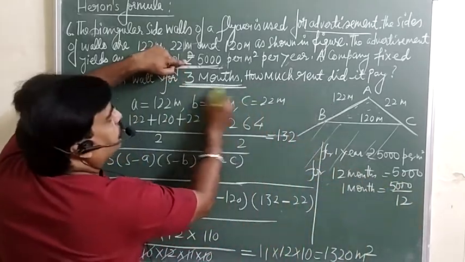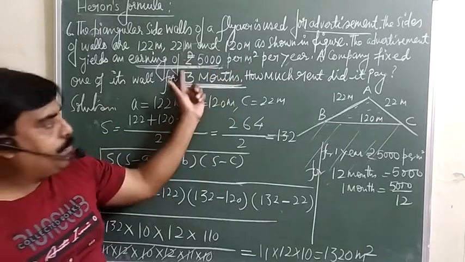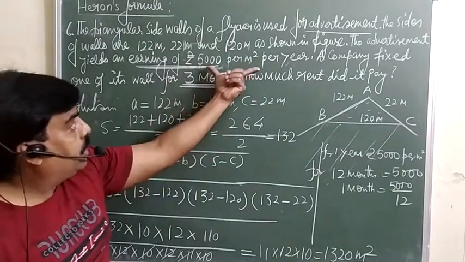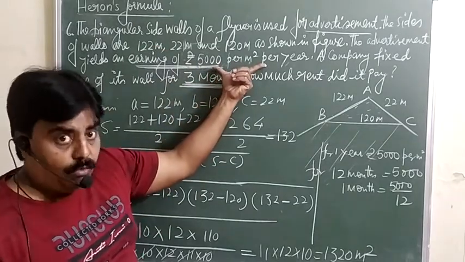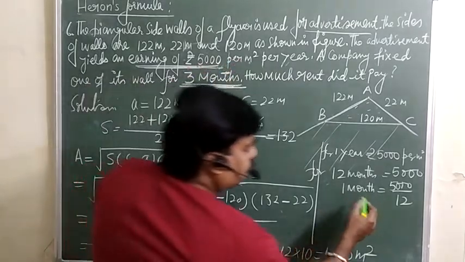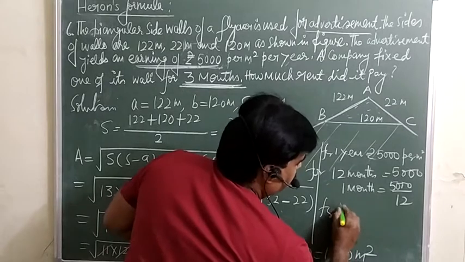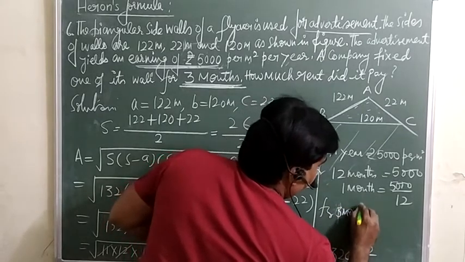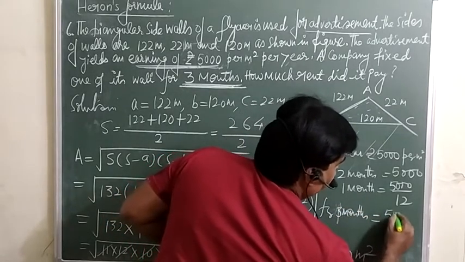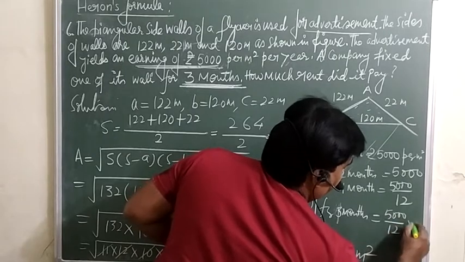Because later on we want to calculate for the 3 months. हम किस लिए पे कर रहे हैं? Only for 3 months. तो पहले यहाँ से you have to calculate for the 1 month. So this is for 1 month, but we want for 3 months. So for the 3 months it will be 5,000 over 12 into 3.